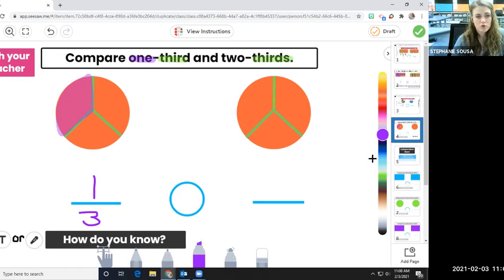Next, we have 2/3. So I need to highlight 2 pieces of my thirds. 1, and again, I start highlighting in the same place so that I don't have to imagine moving it in my mind. I can just see looking at it visually. And here's a second one.